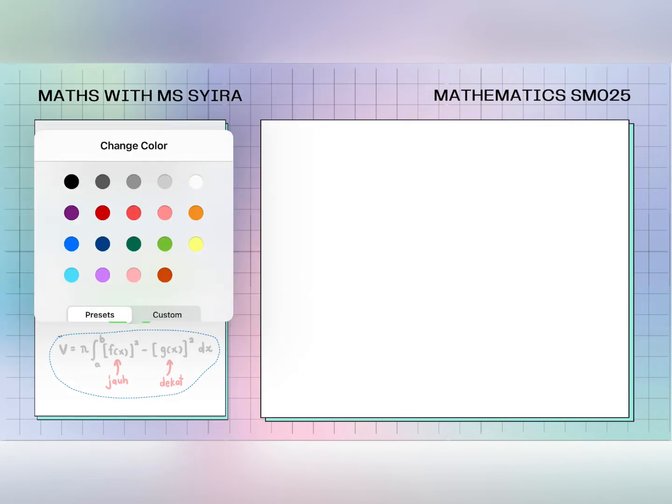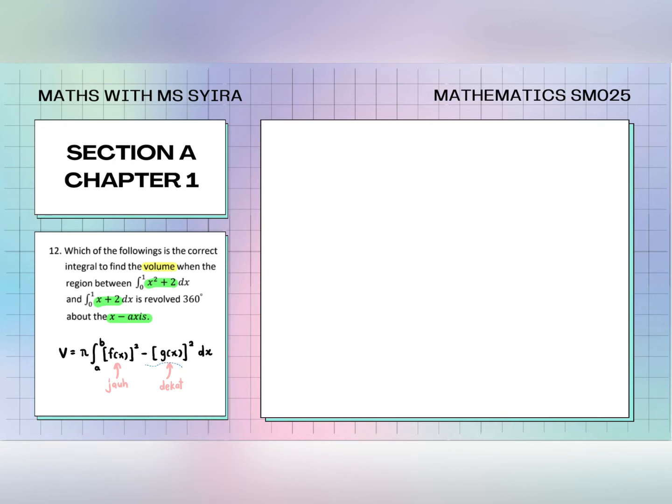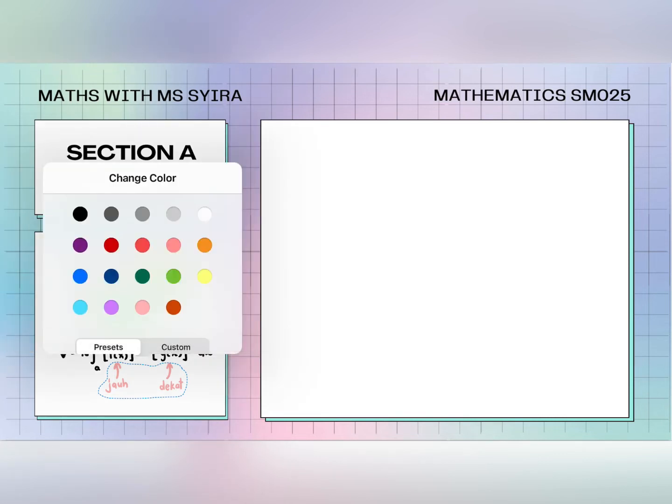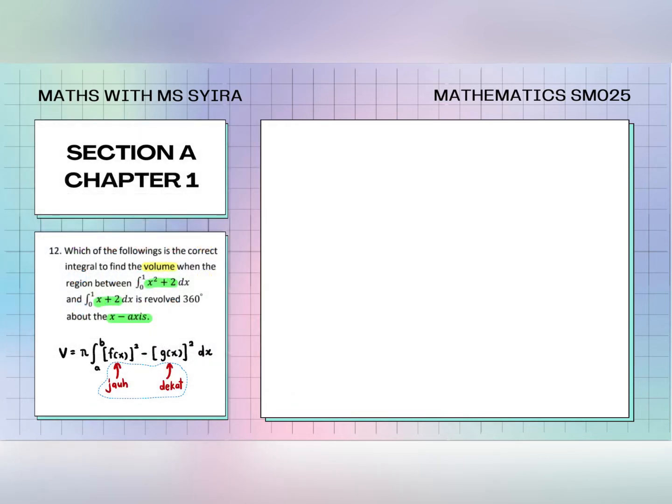Volume kita akan gunakan rules, akan gunakan pi of first function square minuskan dengan gx squared. Okay, but apakah function itu, apa tolak apa, kita akan gunakan jauh, tolak, dekat.